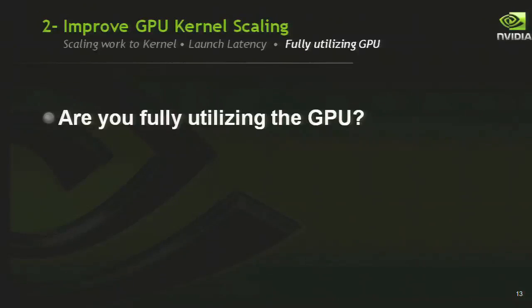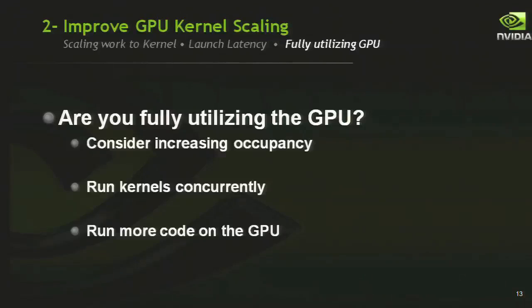So the next part: maybe the work to your kernel is scaling, but the work is not enough to fully saturate the GPU. Like I said, it's a throughput architecture. At some point, you might be running too few threads to utilize the GPU properly. If that's the case, there's a number of things you can try doing. For example, maybe there are not enough threads, and each thread is doing too much work.